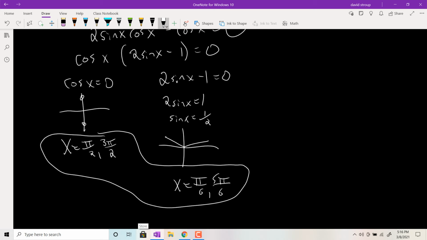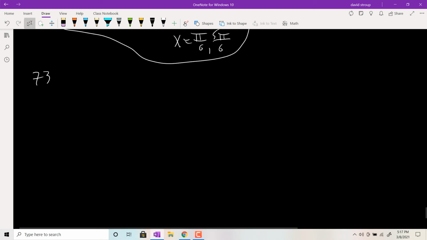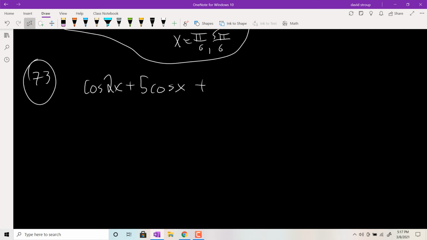Let's try another one. This is 73. So I have cosine of 2x plus 5 cosine of x plus 3 equals 0. Okay. You can look through the identities and look for something that would be useful.